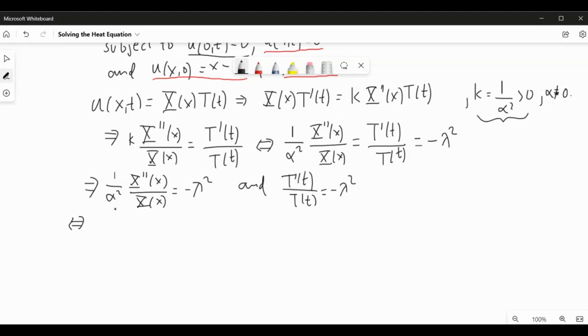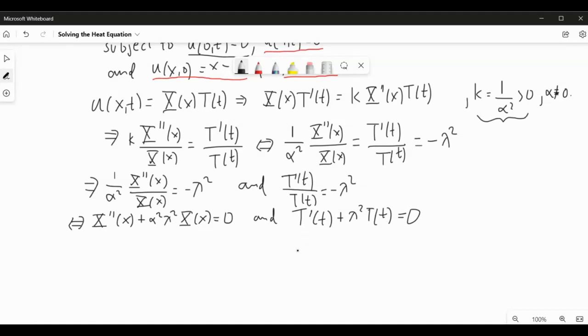Incidentally, each one of these equations will give rise to, first of all, the second order ordinary differential equation, capital X double prime of x plus alpha squared lambda squared times capital X of x equal to 0. And we have the first order ordinary differential equation, capital T prime of t plus lambda squared times capital T of t equal to 0.